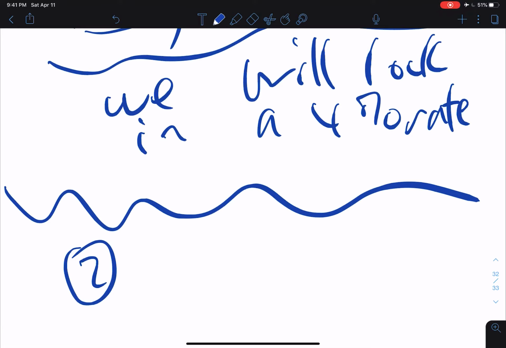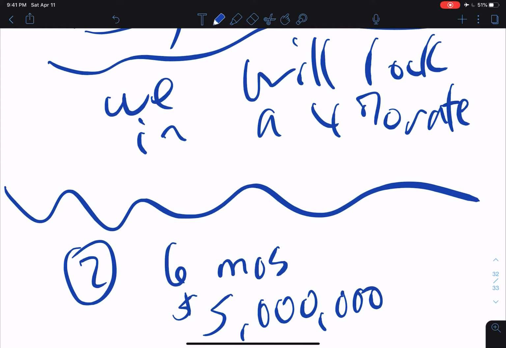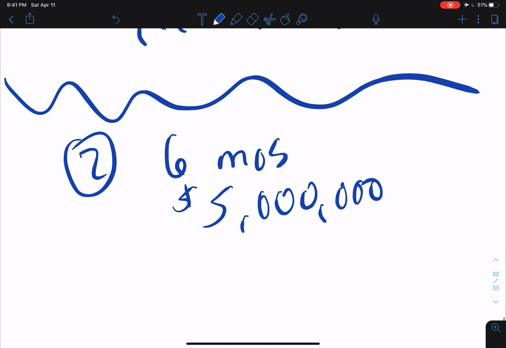Let's suppose in 6 months you're going to get $5 million. And you figure that's enough, you're happy with it, you don't want to gamble with it. You would just like to maintain the purchasing power of this $5 million. Perhaps that's what you decide. And so you're not going to get the money for 6 months.